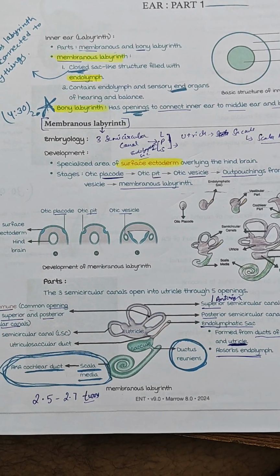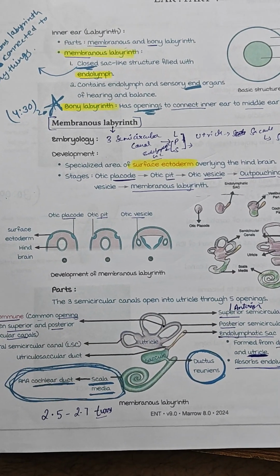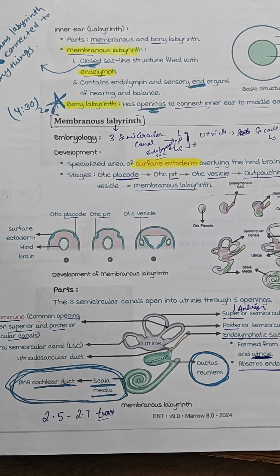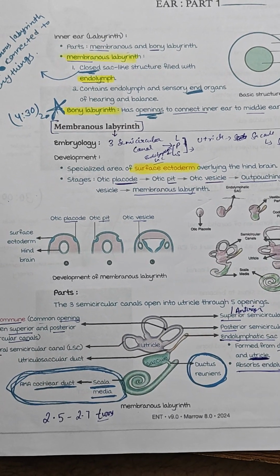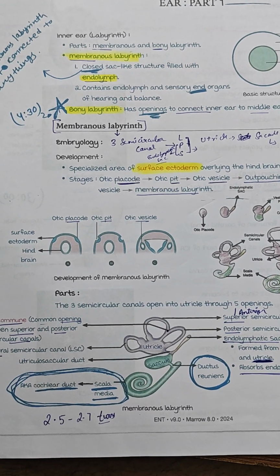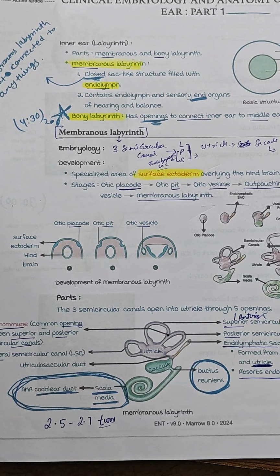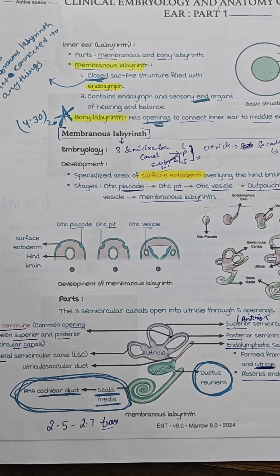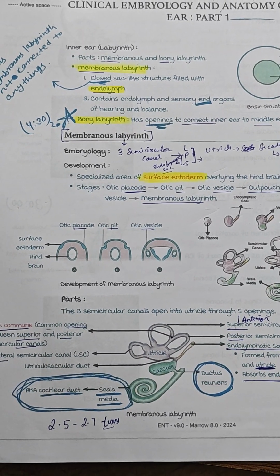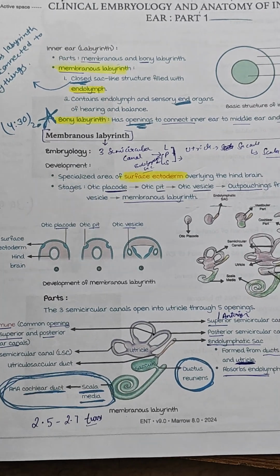The sensory organ of hearing is known as the organ of Corti, and it is situated in the membranous cochlea. The basal turn is responsible for high frequency sound, whereas the apical turn is responsible for low frequency sound.